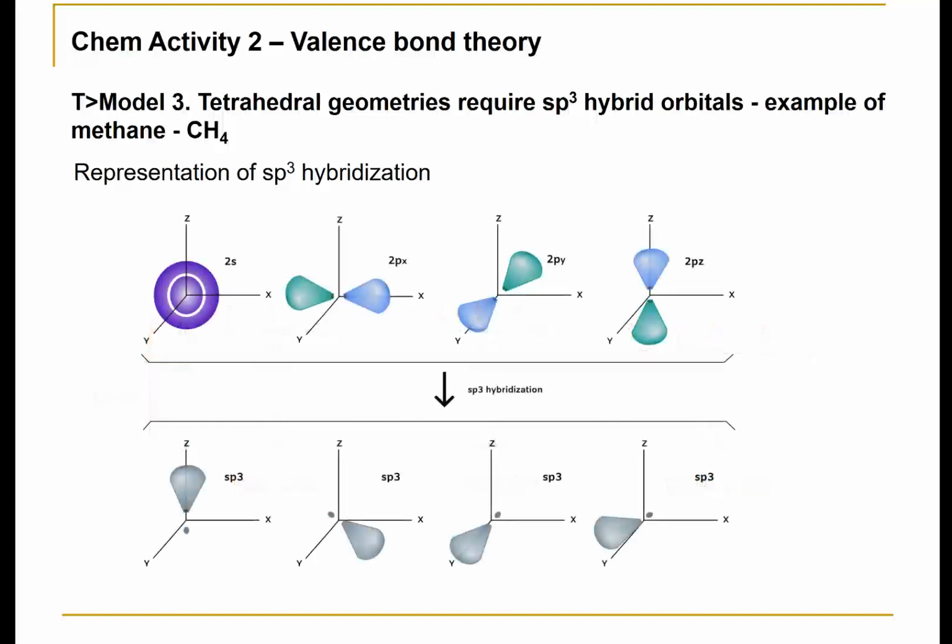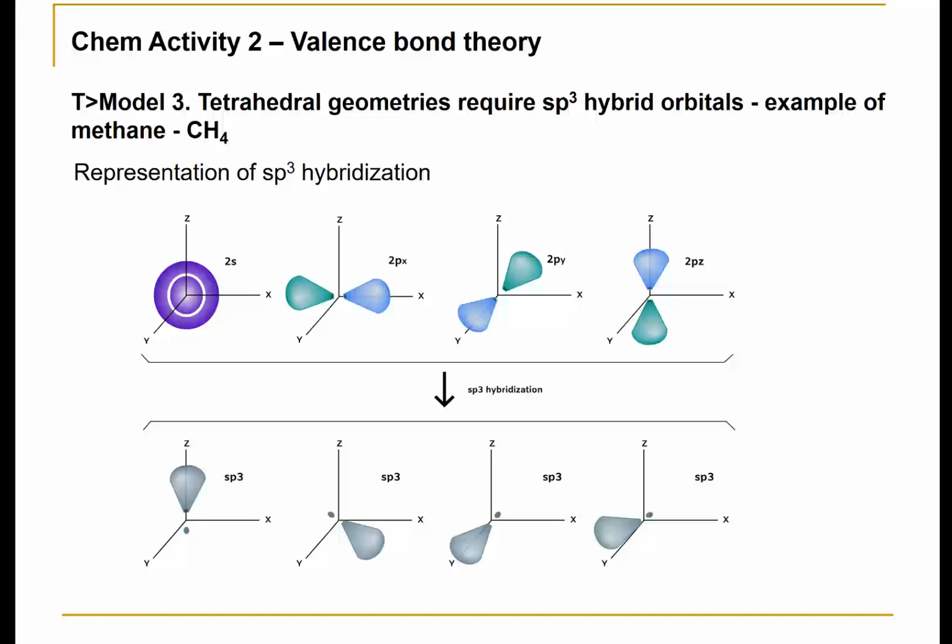Now it's helpful to look back at this diagram where we see the original boundary surface diagrams of the 2s and the three 2p orbitals. There's the hybridization forming the four brand new sp3 hybrid orbitals. And perhaps miraculously, these four sp3 hybrid orbitals have a geometry which collectively would make a tetrahedral.